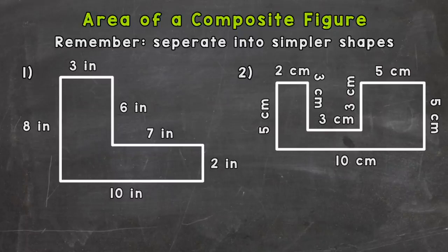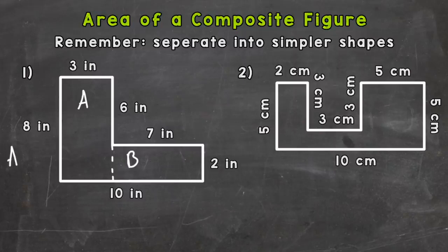So for number 1, the first thing I want to do is again separate into simpler shapes. So I'm going to cut this into 2 rectangles, and I'm going to draw a dashed line here to represent where I'm cutting it. Now I'm going to name the left rectangle A and the right rectangle B, and that's going to help keep me organized as I work through this problem.